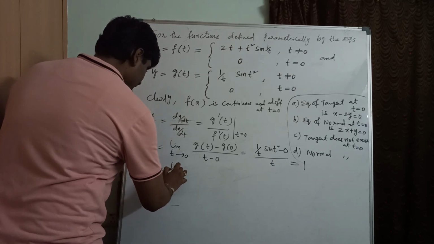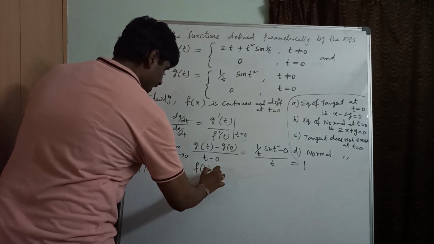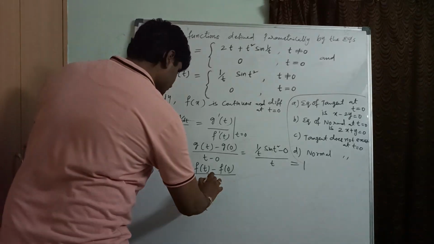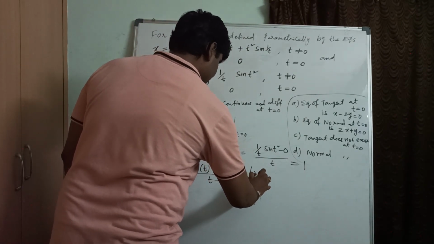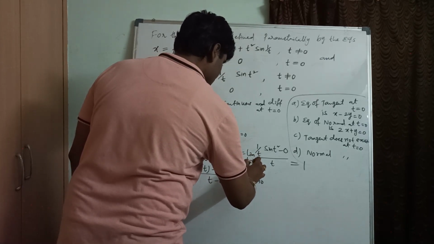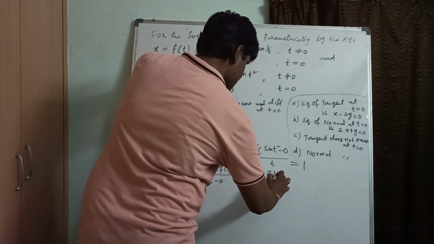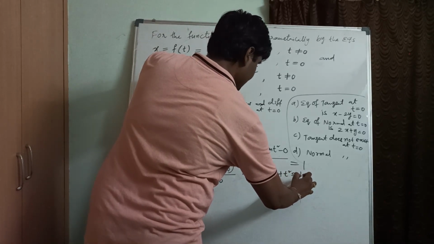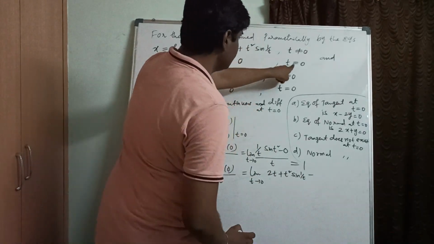Clear? Now f dash of 0 also let me find out here. Limit t tends to 0, f of t minus f of 0, first derivative formula here, right? By t minus 0, t here. What is f of t? 2t plus t square sin 1 by t, minus f of 0.